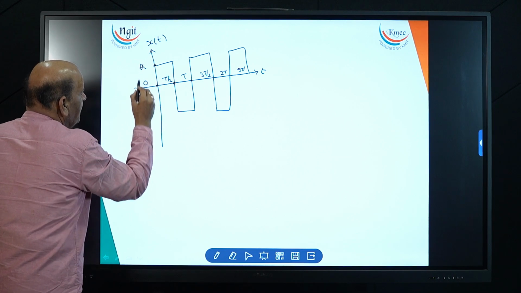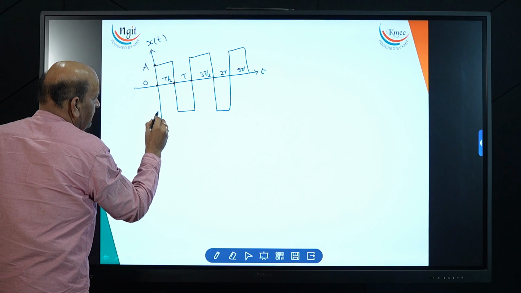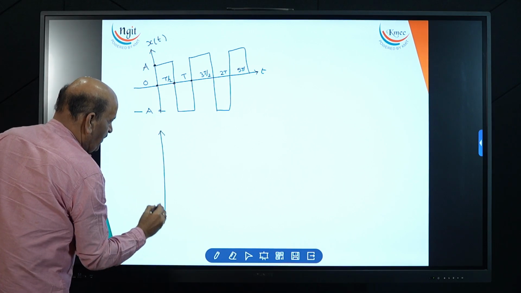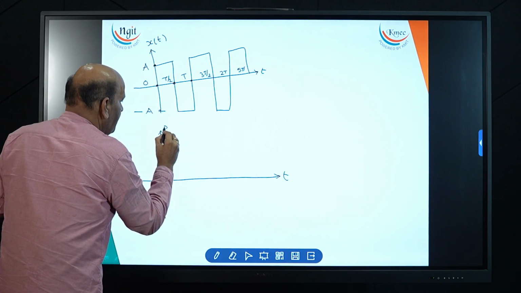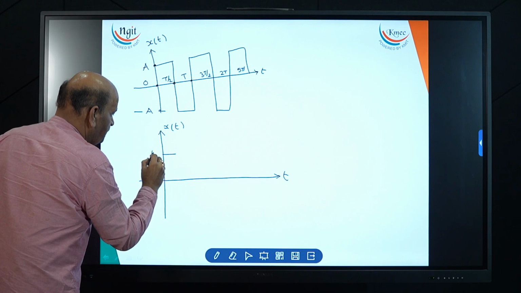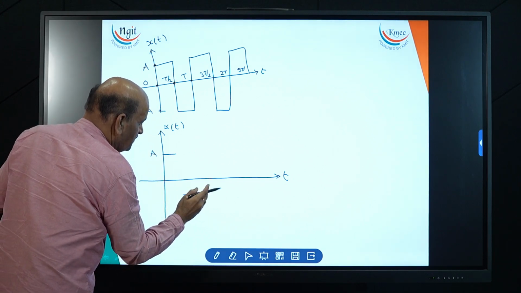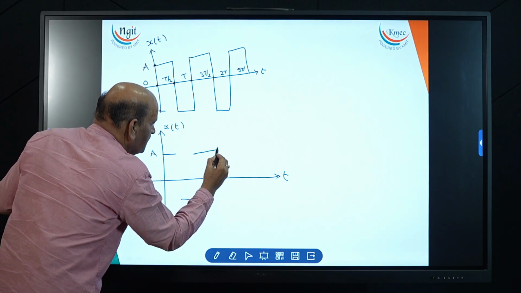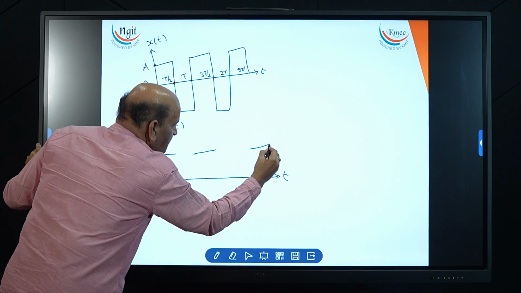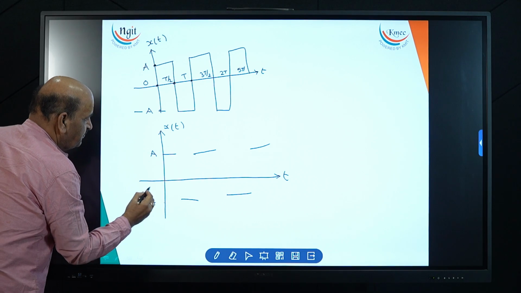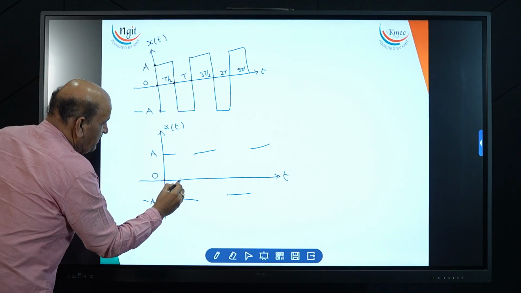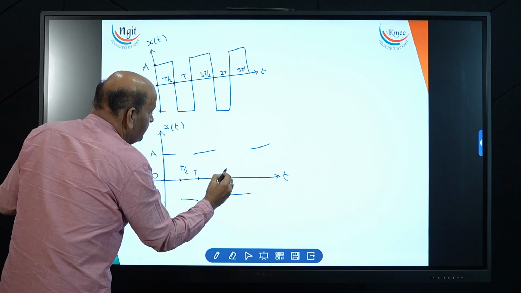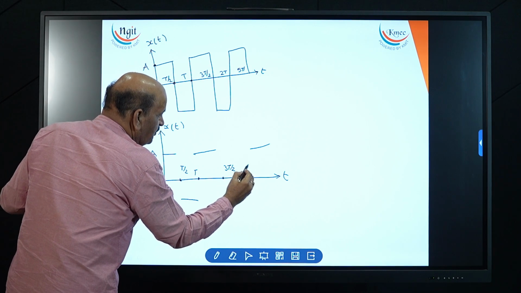This is amplitude A, this is amplitude A, this is amplitude minus A. Now look, the same problem can be asked like this, x of t. Here this is 0. Here this point can be T by 2. This point T. This point 3T by 2. This point 2T, like this.